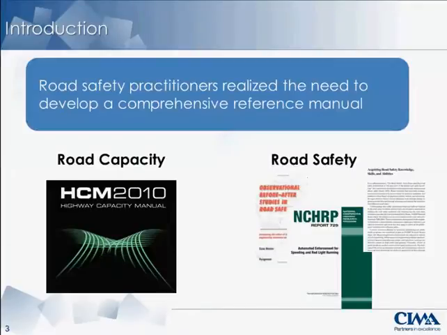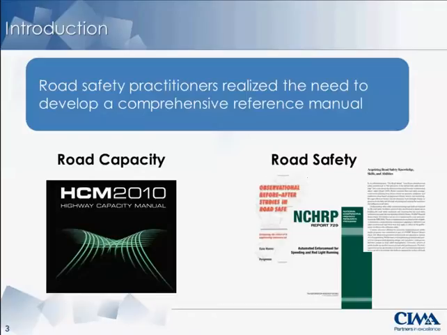You all know Highway Capacity Manual, right? When was it first published? 1965, yes. So, long time ago. And it was like a 30-page document.